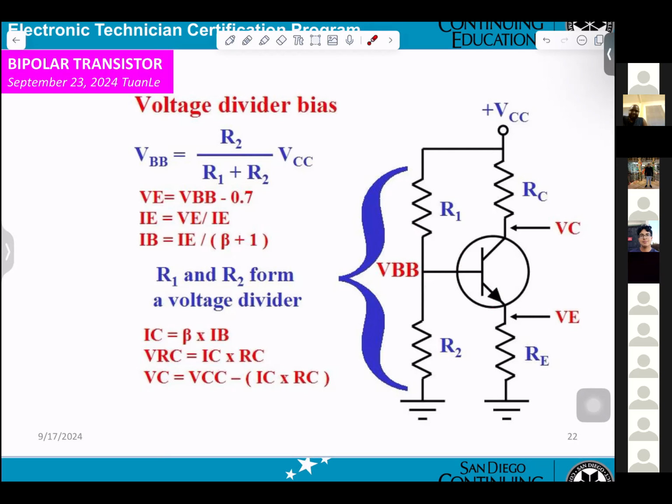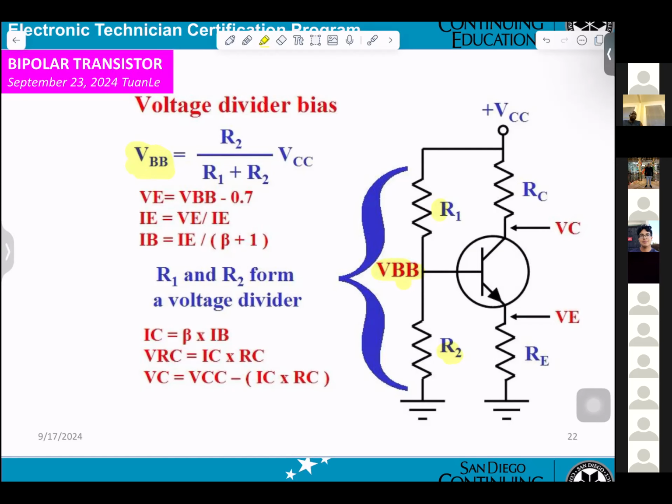They're using voltage divider. In here, they give you everything. VBB: you want this voltage here. You take VCC times R2 divided by R1 plus R2. That's what we call the voltage divider law.